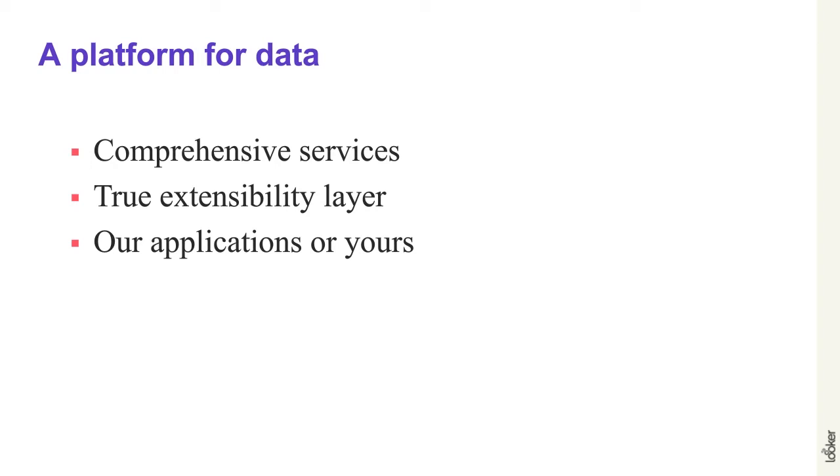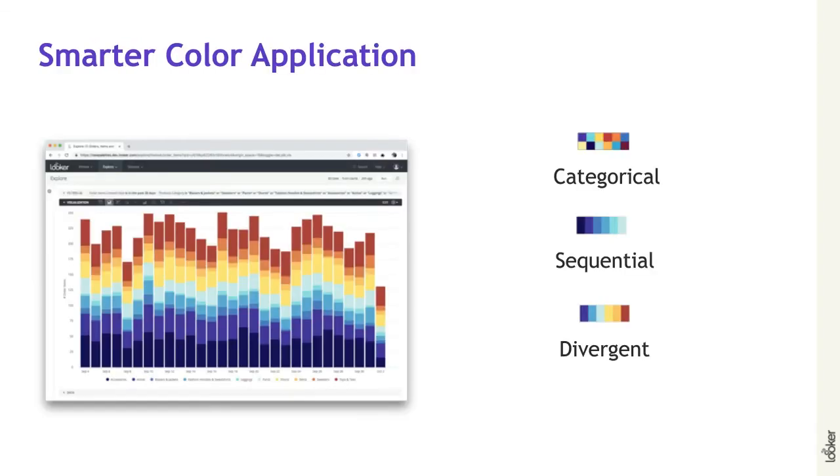So with that overview, let me dive into those features. One of the big things that we're focusing on in Looker 6 is being smarter about the use of color. Color is an incredibly powerful tool for communicating to users what the data means, and that's really what we're interested in: understanding what the data means.